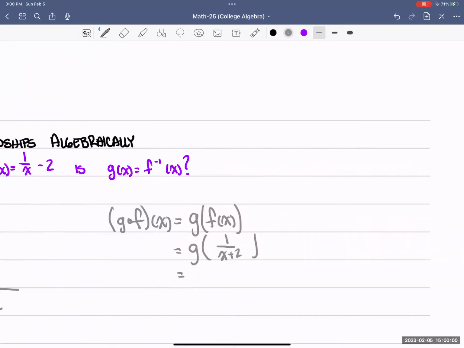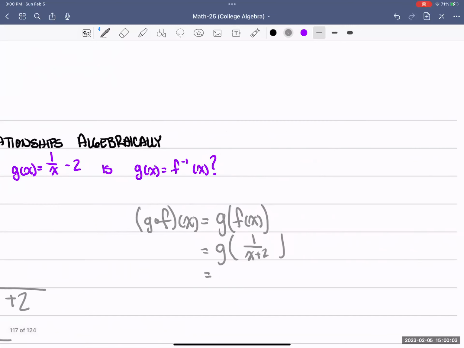The function g of x tells us to reciprocate our input and then subtract 2 from it. In this case, our input is 1 over x plus 2.